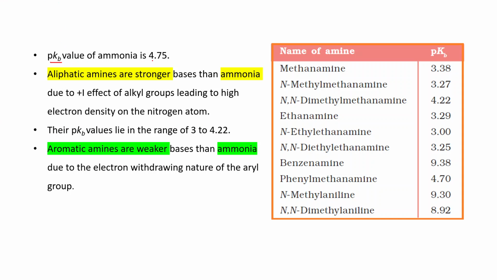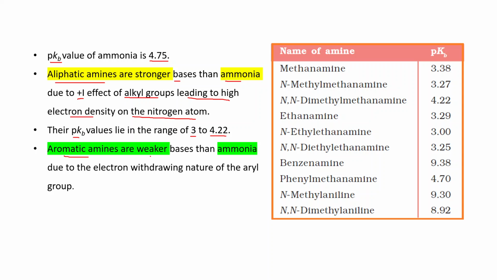The pKb value of ammonia is 4.75. Aliphatic amines are stronger bases than ammonia. Why? Due to the plus I effect of alkyl groups leading to high electron density on the nitrogen atom. Their pKb values lie in the range of 3 to 4.22.